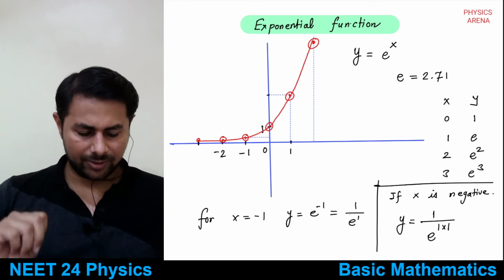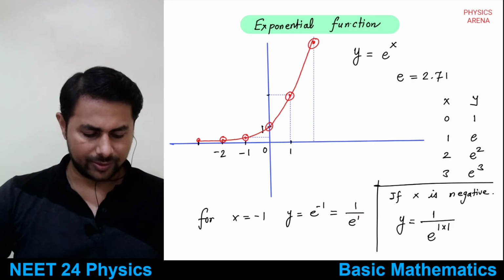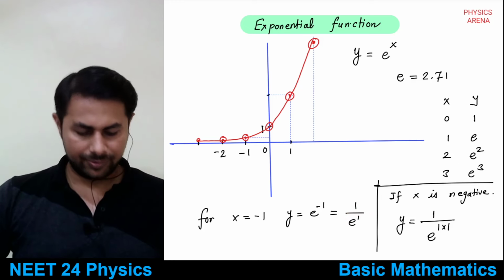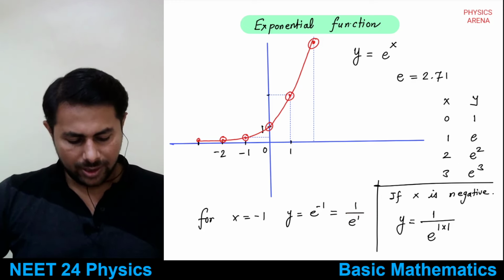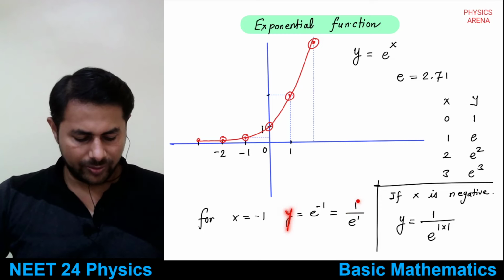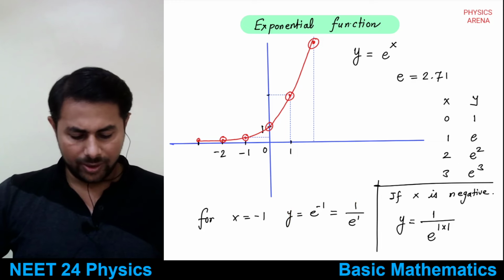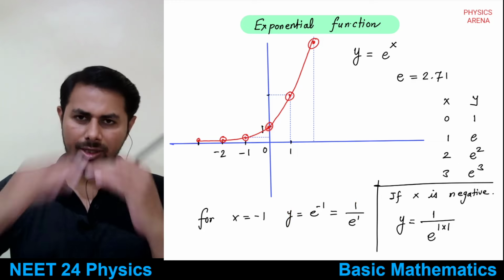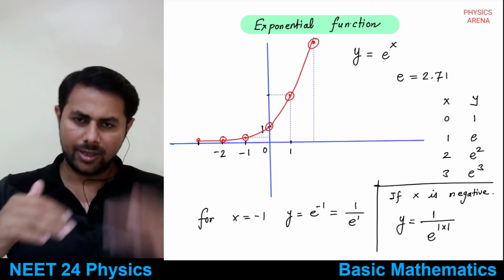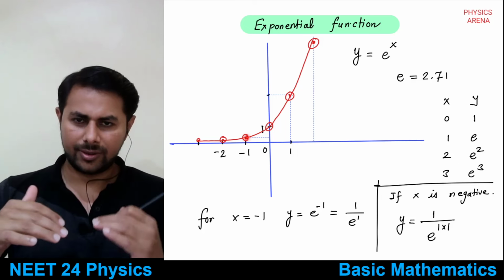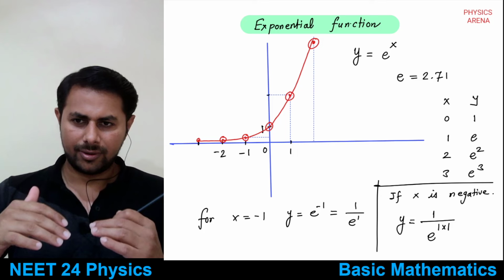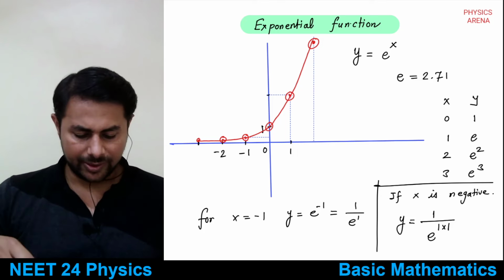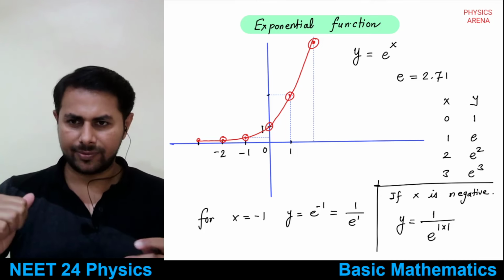So you get this point, right? 1 is here, so 1 upon e. If e is greater, this point will be smaller, which means the value of y will be smaller.